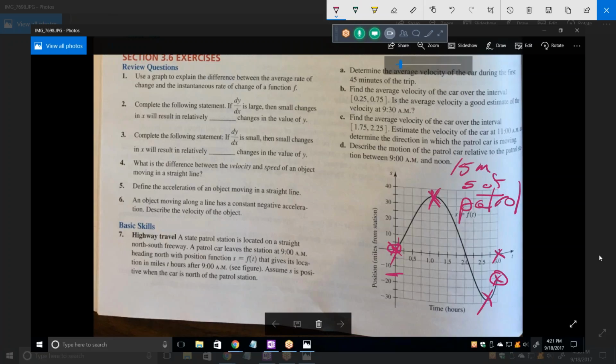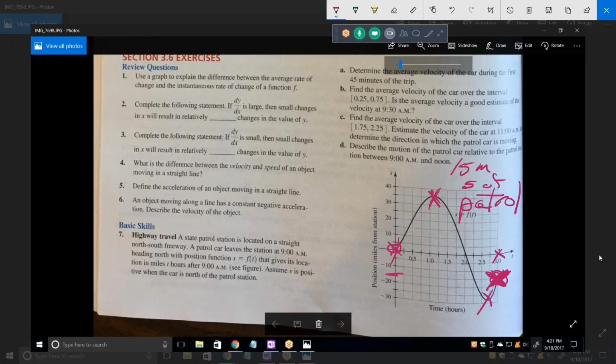Okay, and it goes south by 35, plus it goes another, well, it only goes south by 15 by the time I reach noon. You see why that point is noon, right? That's where time is 3 hours. He left at 9 a.m. So the 3 hour mark is noon.